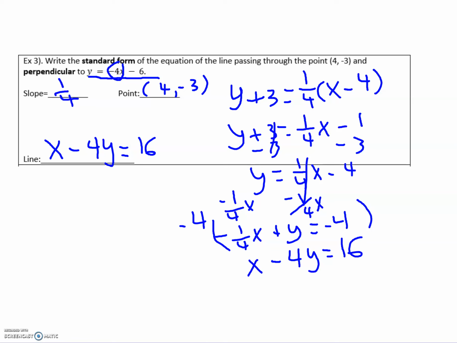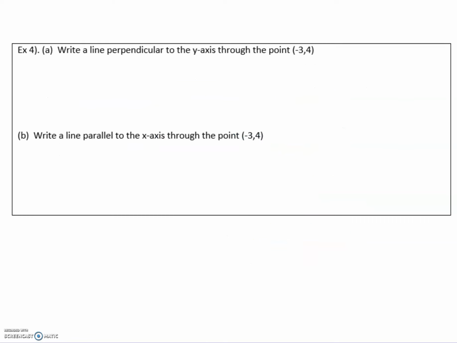And now let's do the last example. We need to write a line that is perpendicular to the y-axis and goes through the point (negative 3, 4). If I make a sketch of what's going on, my point (negative 3, 4) would be somewhere around here.